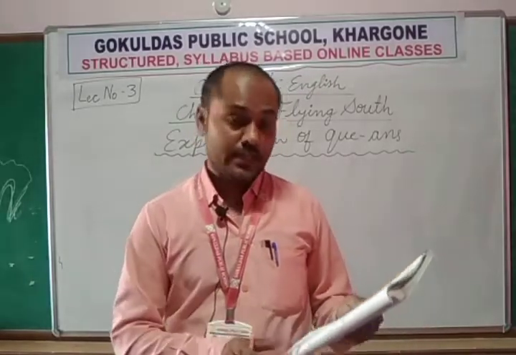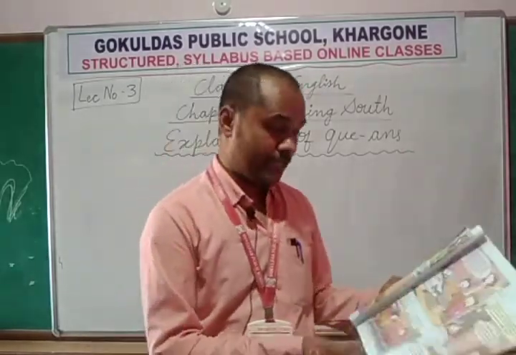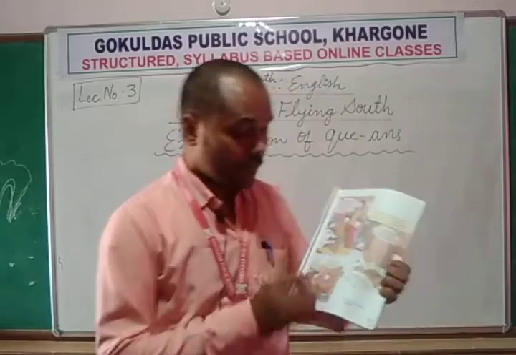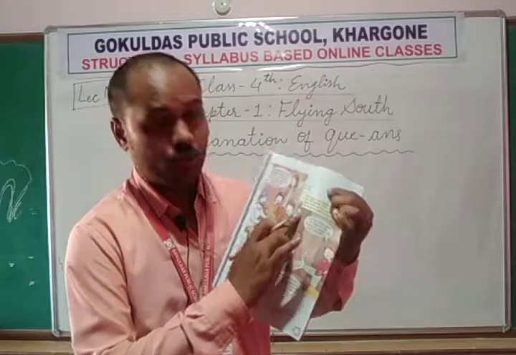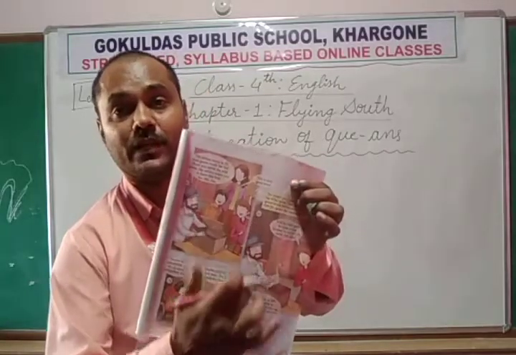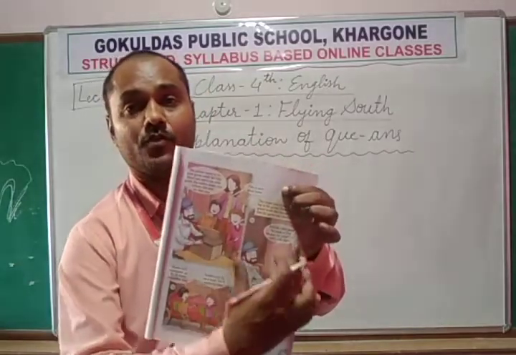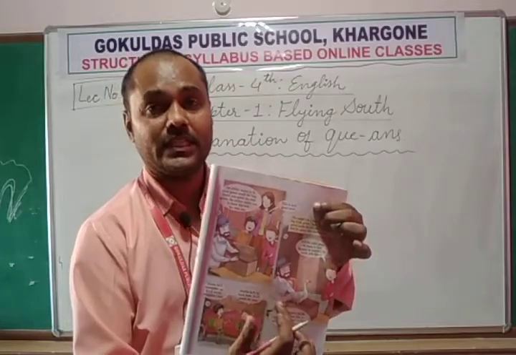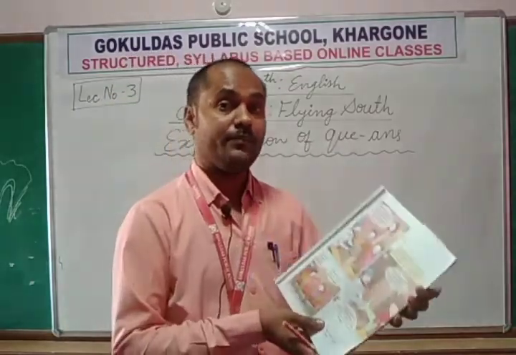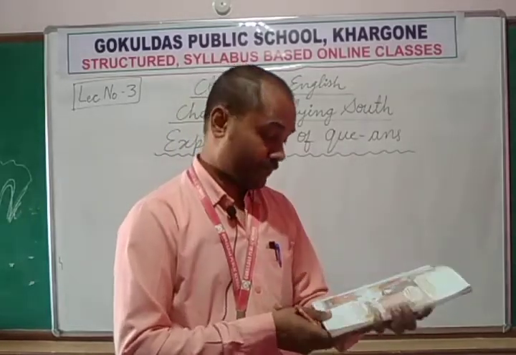If you want to know the answer, let's come to the picture again. Page number 5 and picture number 12. If you see the conversation between Molly and the ranger, you will find out why he put the band.